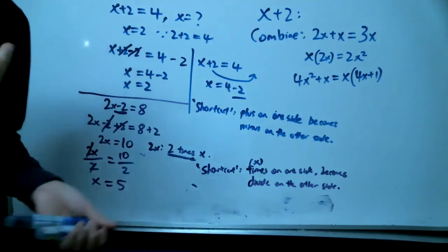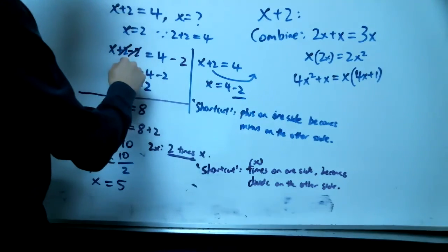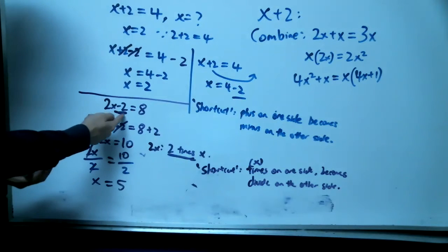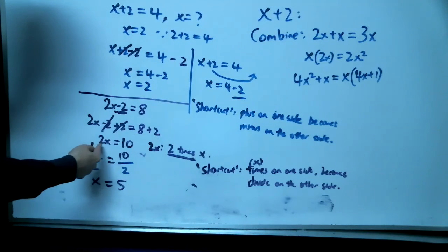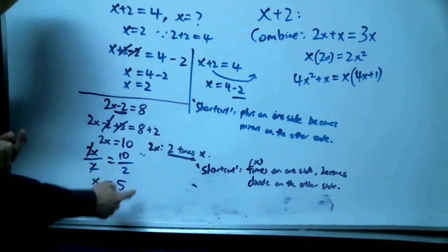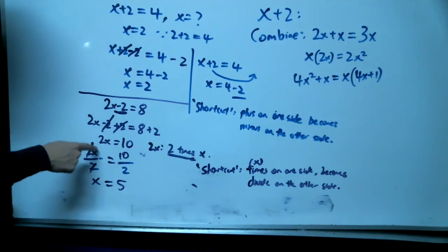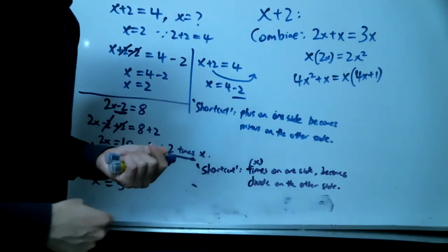And of course, this goes the other way, just like how when I moved the plus from x plus 2 to the other side and it became minus, I also moved a minus from one side and it became a plus. In the same way, when we move times from one side to the other side and it becomes a divide, I can also do the reverse and move a divide by 2 back, and it becomes a multiply.